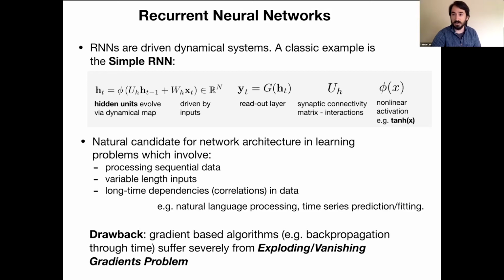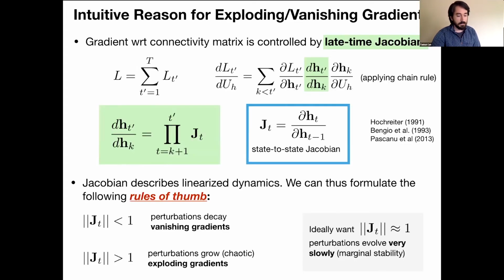This is something actually that Shou alluded to in his talk. I'll give an intuitive reason for this problem that really sets up our program of work in this paper. You can understand it intuitively by simply differentiating whatever loss function you choose for your optimization algorithm, and applying the chain rule.